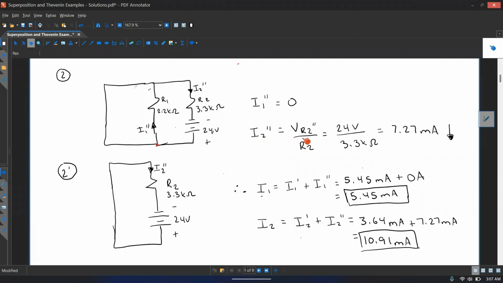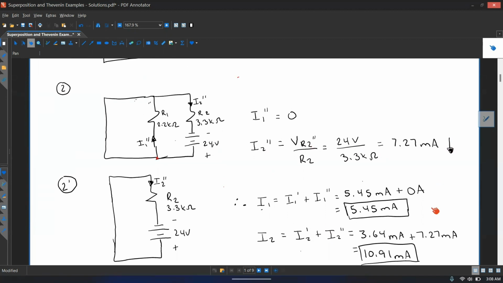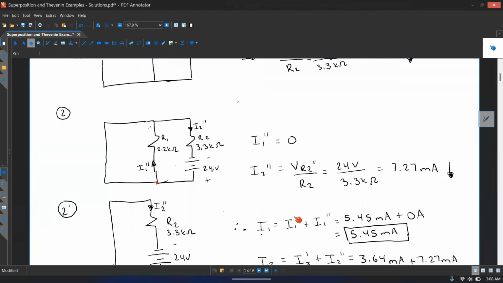I2 prime is VR2 divided by R2, which is 24 volts divided by 3.3 kilo ohms. And I get 7.27 milliamps. And I'm saying that current is flowing in the downward direction right here. And so now we've analyzed the circuit.